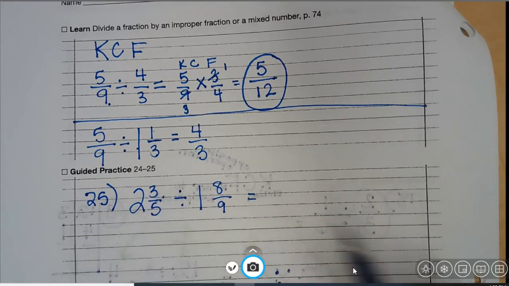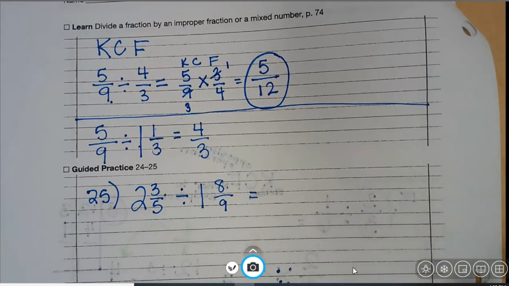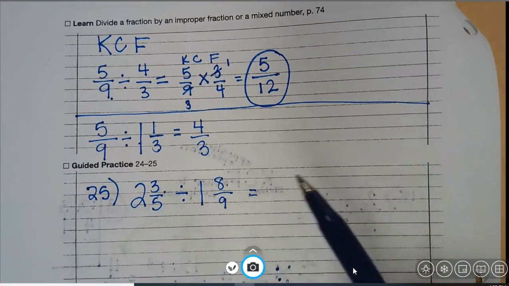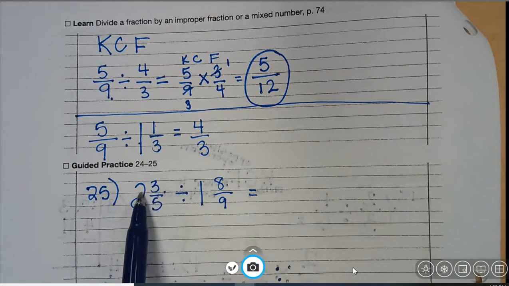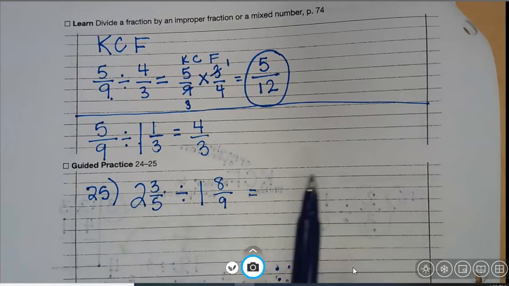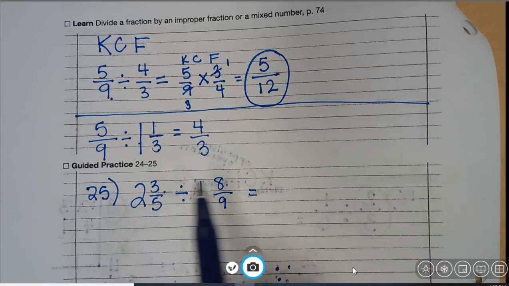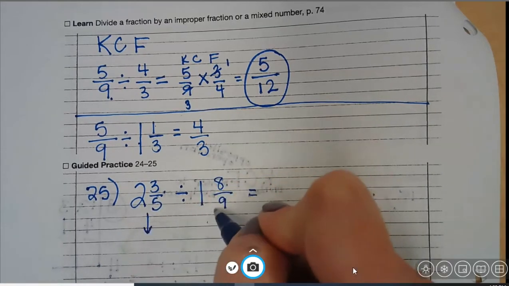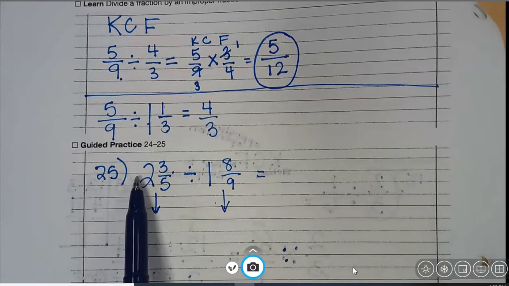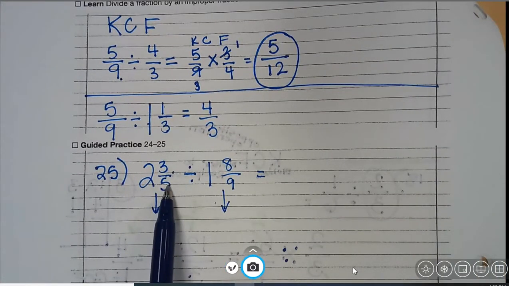So this is where, when I said if you're working with an algebraic problem, and even if you're just working with an expression or an equation, you actually want to have your mixed numbers be improper fractions. So we're going to change these. By multiplying 2 times 5, we're saying how many fifths is 2.